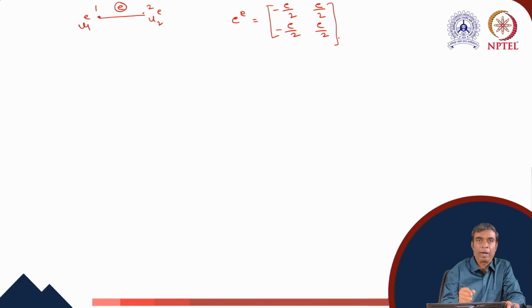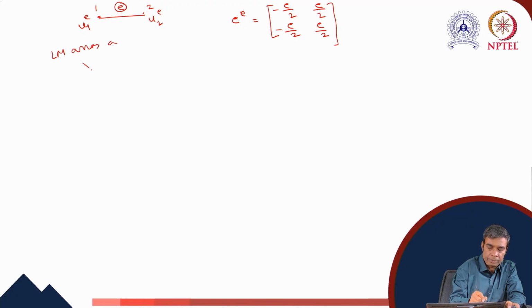Then we can perform the assembly based on the LM array. For the given mesh, we can generate the LM array as E, A. E is varying from 1, 2, 3, 4, 5. A is 1 to 2. Our IDOF is 1.